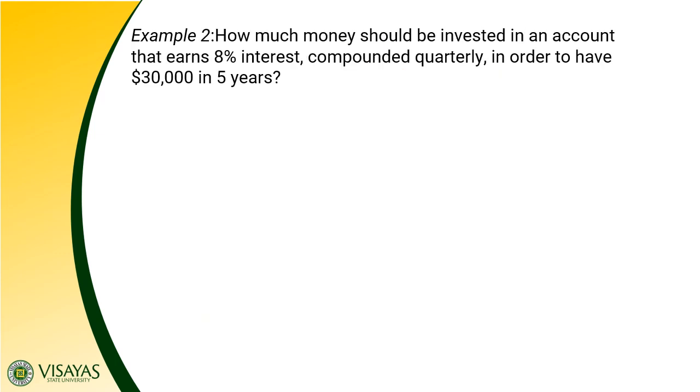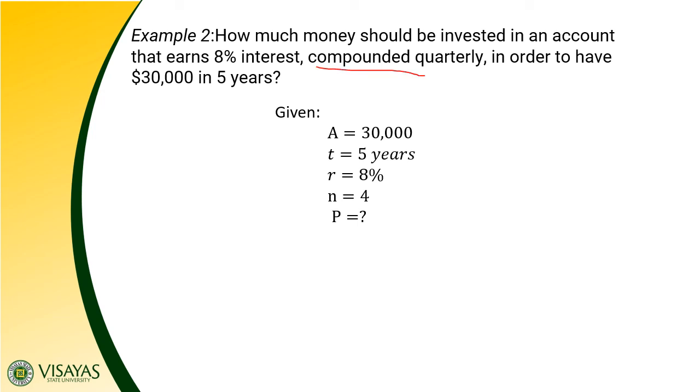Okay? And let's have here another example. How much money should be invested in an account that earns 8% interest compounded quarterly in order to have $30,000 in 5 years. And let's start with the given. Yung future value natin, $30,000. Yung T, 5 years. Yung interest rate, 8%. Yung N is 4. Because again, compounded quarterly siya, kaya 4 yung N natin.